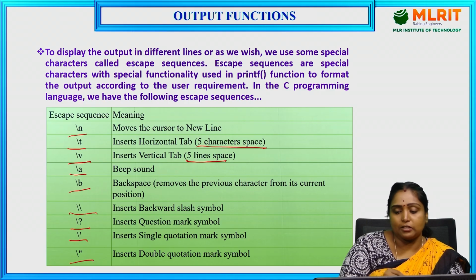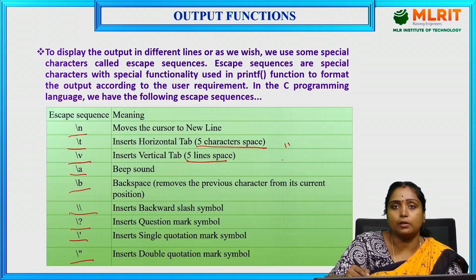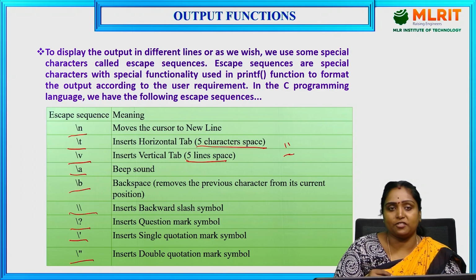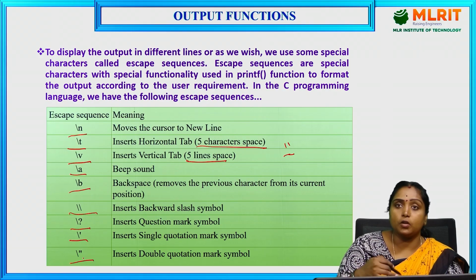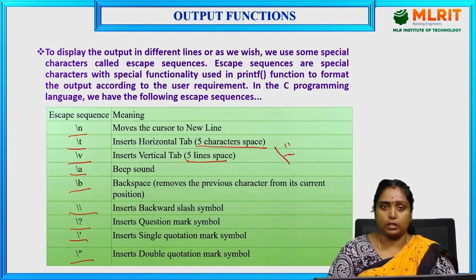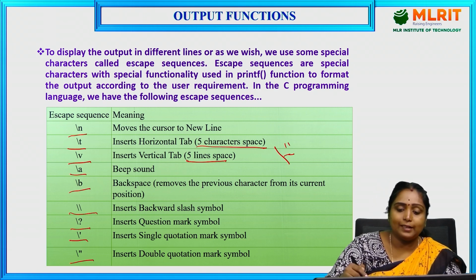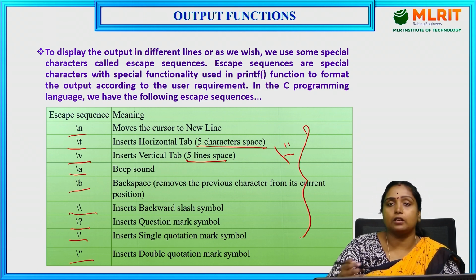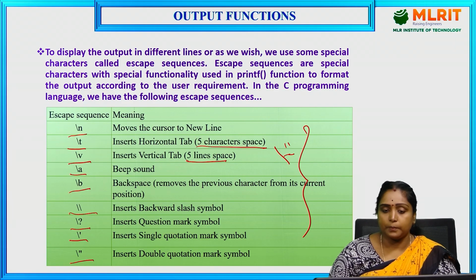If you give a double quotation, it will take it for the format string. So instead, if you want to print that particular thing on the output screen, you have to use \ and double quotations. So this is how some of the escape characters will work in a printf statement.